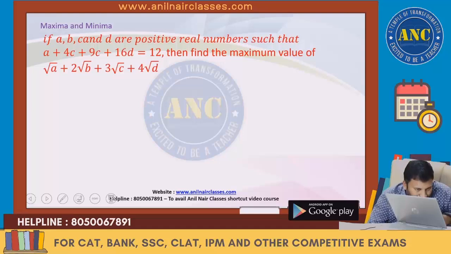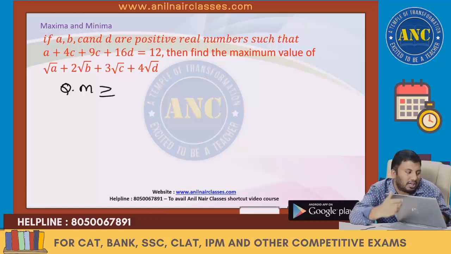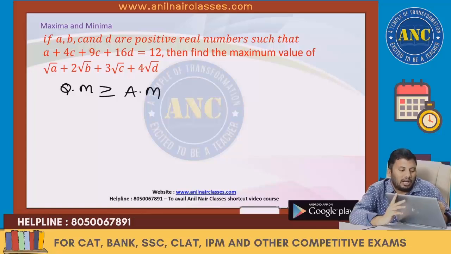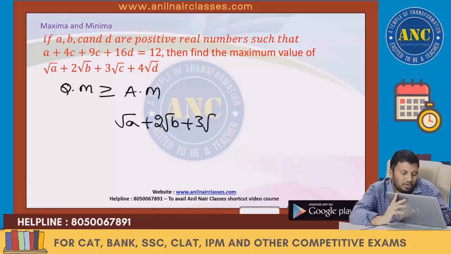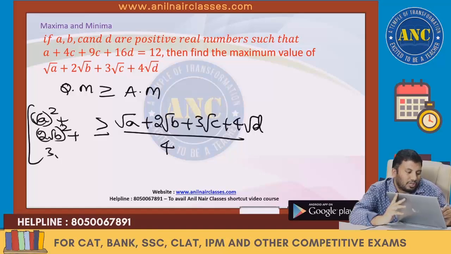This is nothing but quadratic mean is greater than or equivalent to arithmetic mean. Quadratic mean, arithmetic mean is nothing but root A plus 2 root B plus 3 root C plus 4 root D by 4. It is greater than or equivalent to square root of (root a) whole square, (2 root b) whole square, (3 root c) whole square, (4 root d) whole square divided by 4.